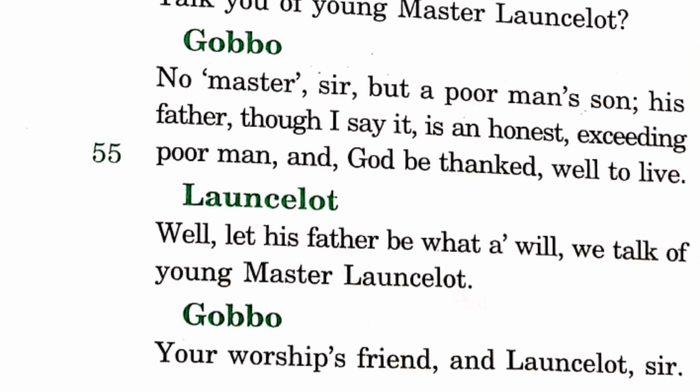Gobbo says, yes, I am also talking about Launcelot. Launcelot says again, let his father be whatever, but here we are talking about young Master Launcelot, continuing to refer to himself as Master Launcelot.